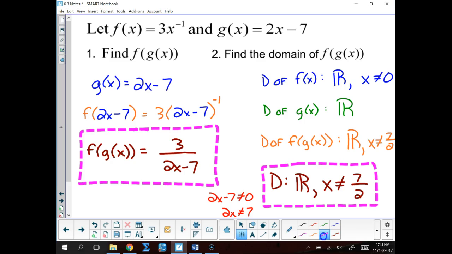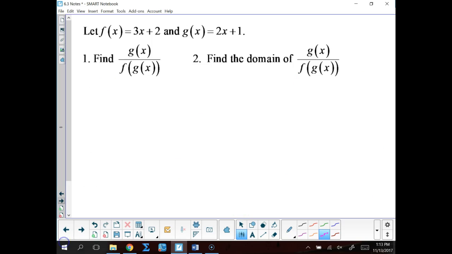And yes, you should always check the restrictions because that's what's going to determine if there are restrictions in your final answer. Okay? Yeah, buddy. Go for it.